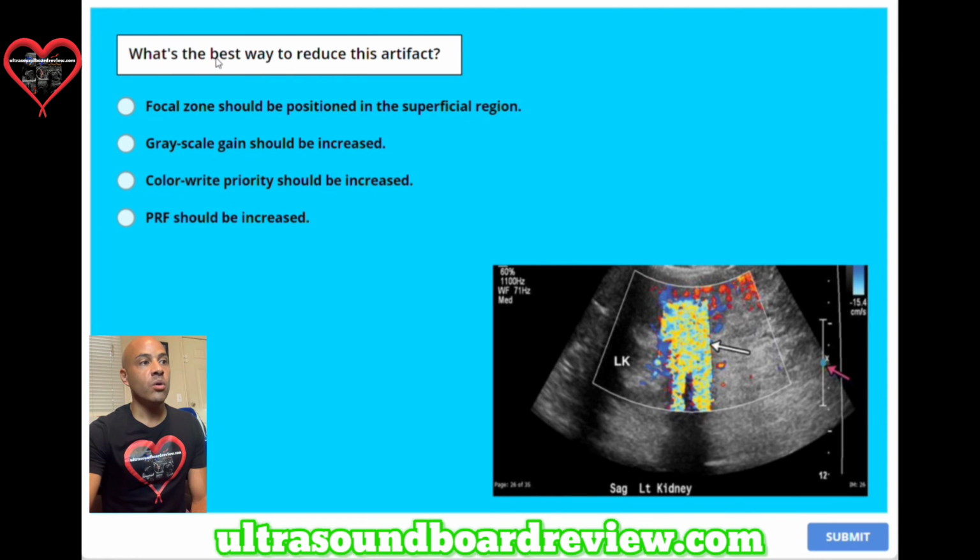Question 34. What's the best way to reduce this artifact? A, focal zone should be positioned in the superficial region. B, grayscale gain should be increased. C, color write priority should be increased. Or D, PRF should be increased.